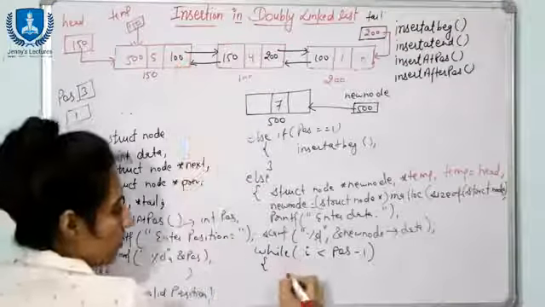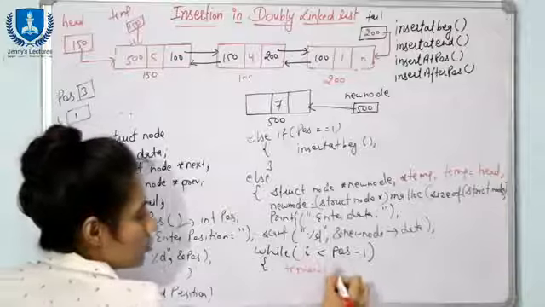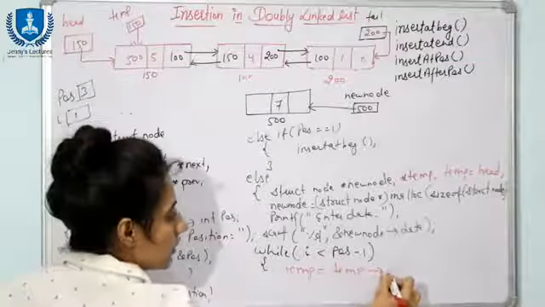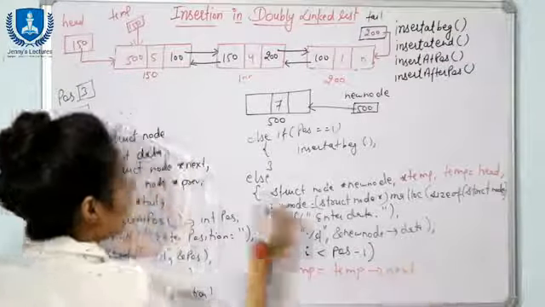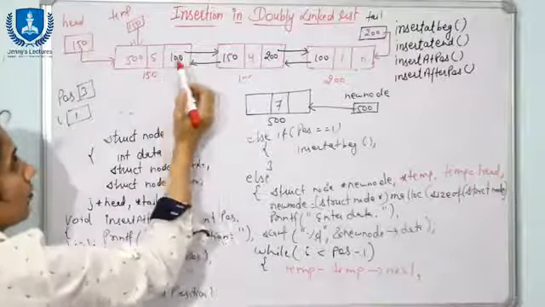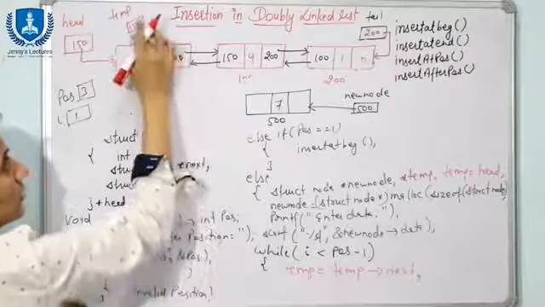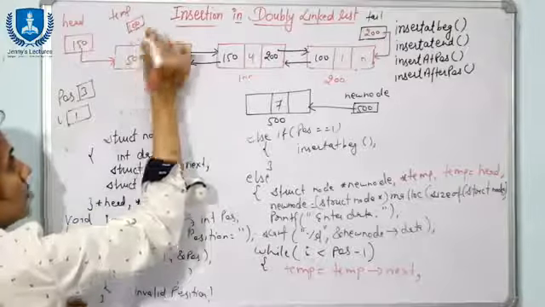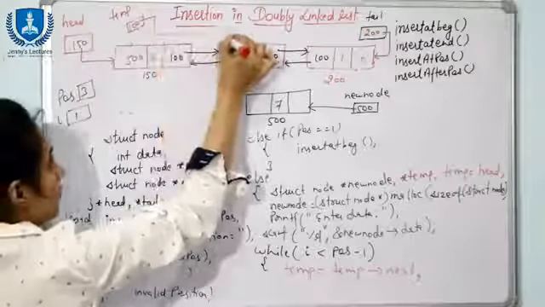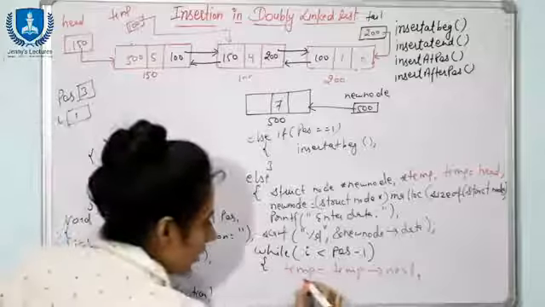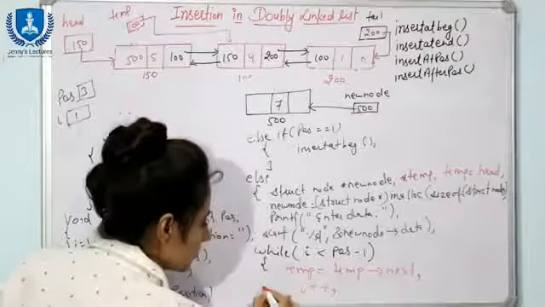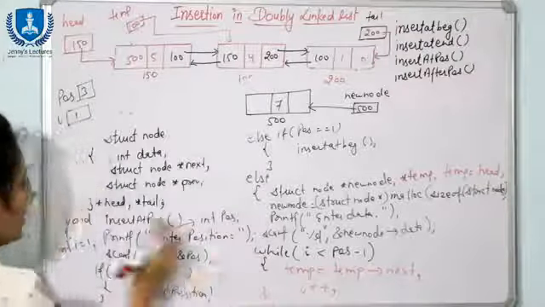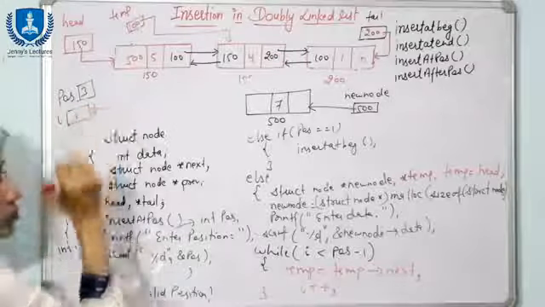So how can you write? temp is equal to temp next. Because this part is what? temp of next. So now temp is containing what? 100. And temp is now pointing to this node. And we will do what? i plus plus, right?